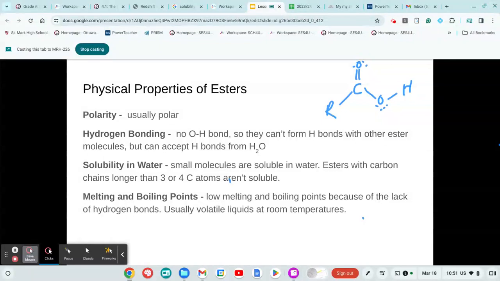Okay, then we've got the esters. So remember that esters are like this, except that they've got another carbon group over here. So esters are going to be polar, but do they have any oxygen directly bonded to a hydrogen?